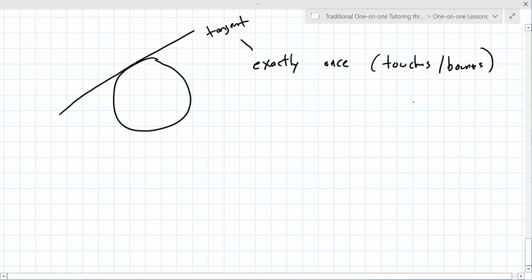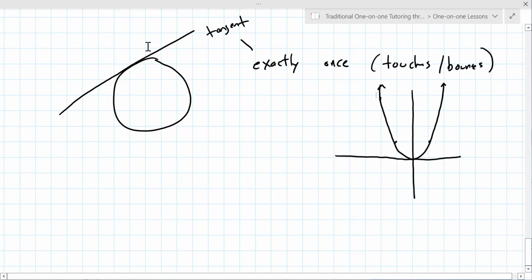The analogous thing is, if you recall when we were graphing quadratics, the parent function would come down and just touch right there, touch and kind of bounce off. That's what a tangent is. It only hits in that one spot perfectly. So it's just a 1 point connect. Yes. And it's always outside of the circle, correct? Yes, it has to be, it's sort of the outside of the edge.